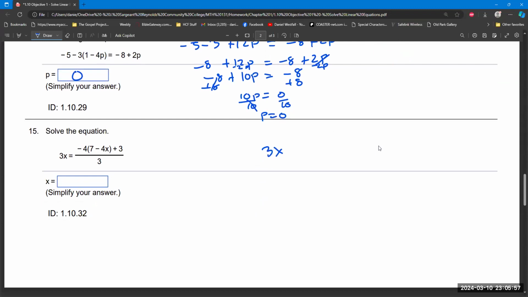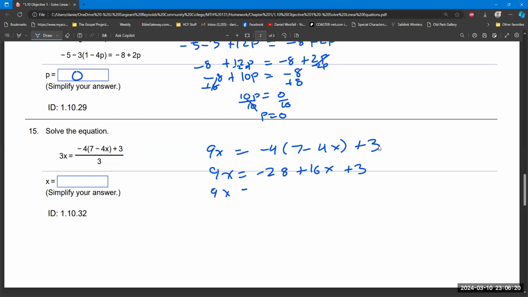Let's multiply by this denominator of 3 to make this 9x is equal to negative 4 times 7 minus 4x plus 3. 9x equals negative 28 plus 16x plus 3. 9x equals negative 25 plus 16x.